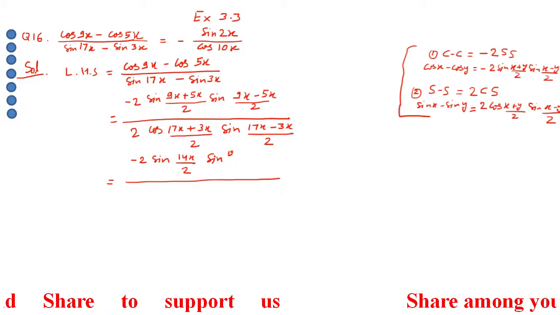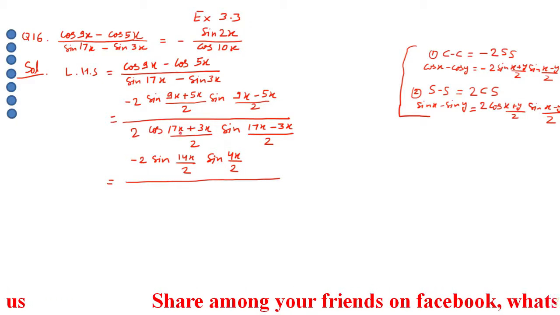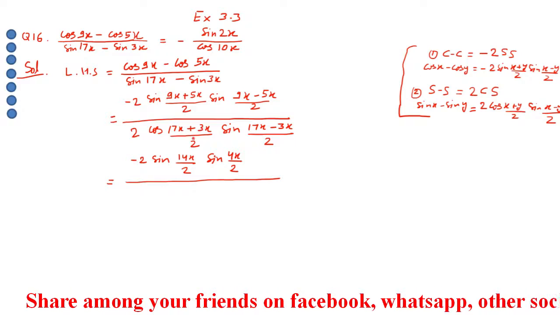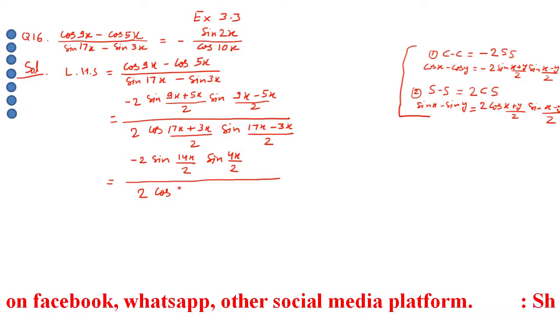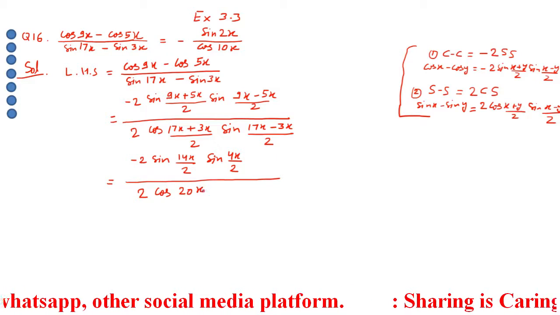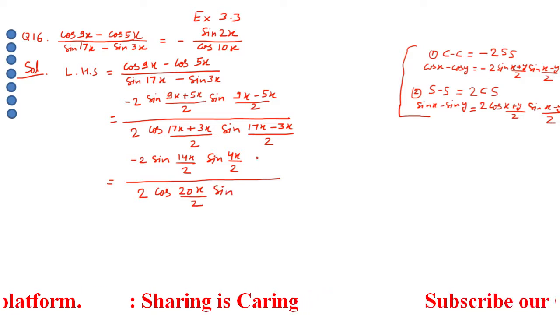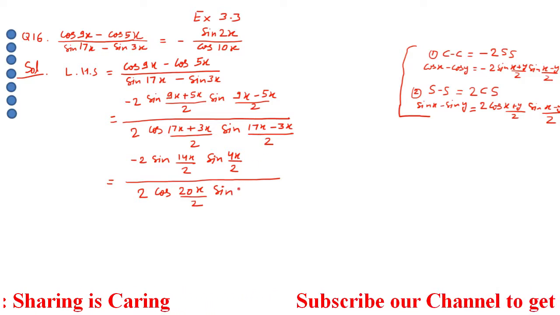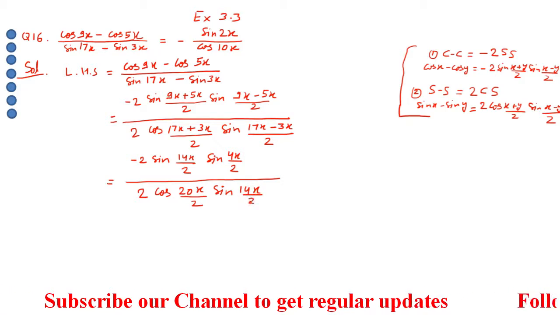So we will write here 4x upon 2. Now down, 2 cos, 17 plus 3 is 20. So 2 cos 20x upon 2, then sin, 17x minus 3x is how much? 14x. So 14x upon 2.